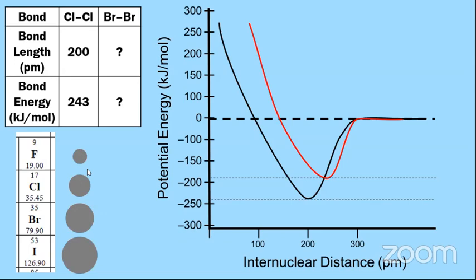It might be worth 1 point for shifting the bond length to the right, so it's a longer bond, and you might get a point for showing that the bond energy, that is the depth of that valley or that well in the curve, is smaller as well. All right, I would now like to show you the data. So the bond length is around 228 picometers for bromine, which again is longer. And the bond energy is about 193 kilojoules per mole, so less energy to break the bond.